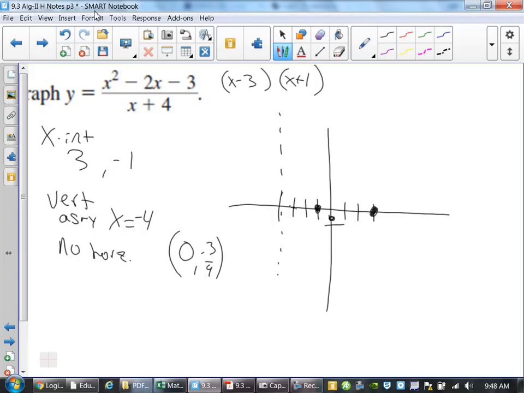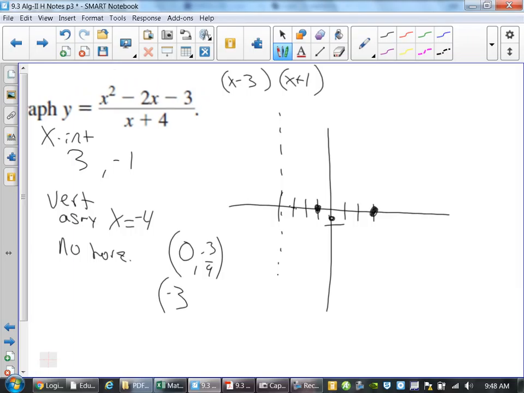Negative 3. What's negative 3 squared? 9. So we have 9. Negative 3 times negative 2? 6. What's 9 plus 3? 12.